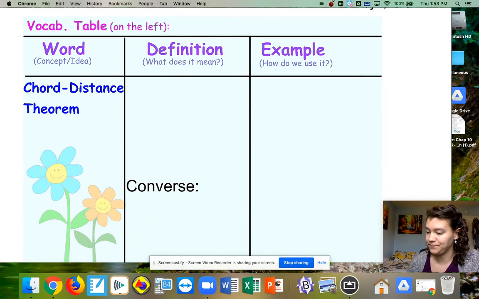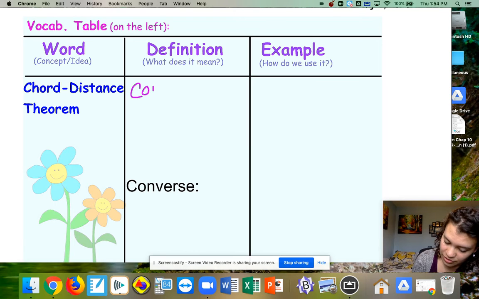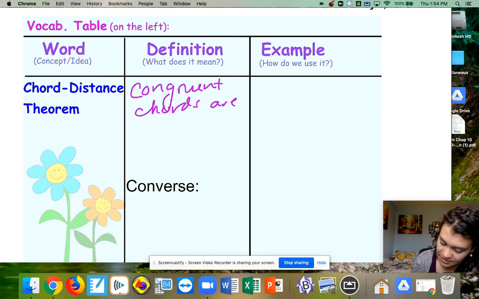Last definition. The chord distance theorem says congruent chords are equidistant from the center of a circle. So congruent chords are equidistant, or the same distance, from the center of the circle.